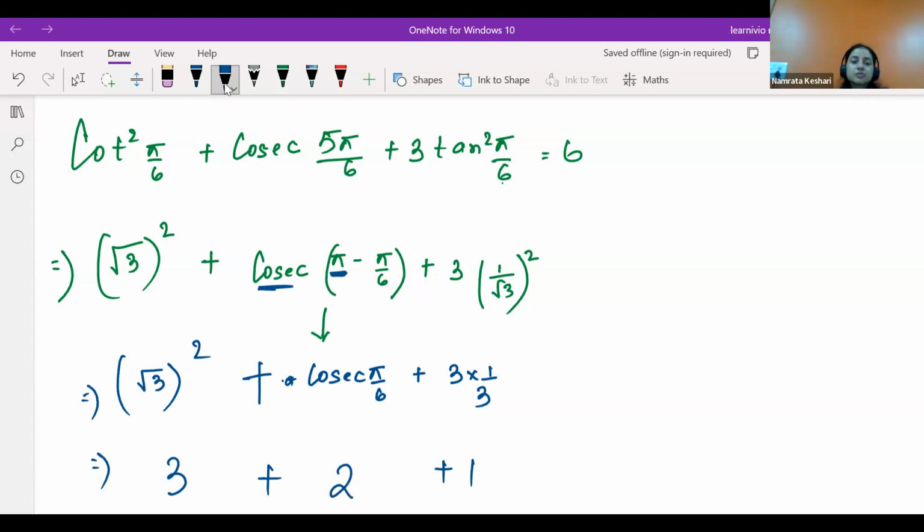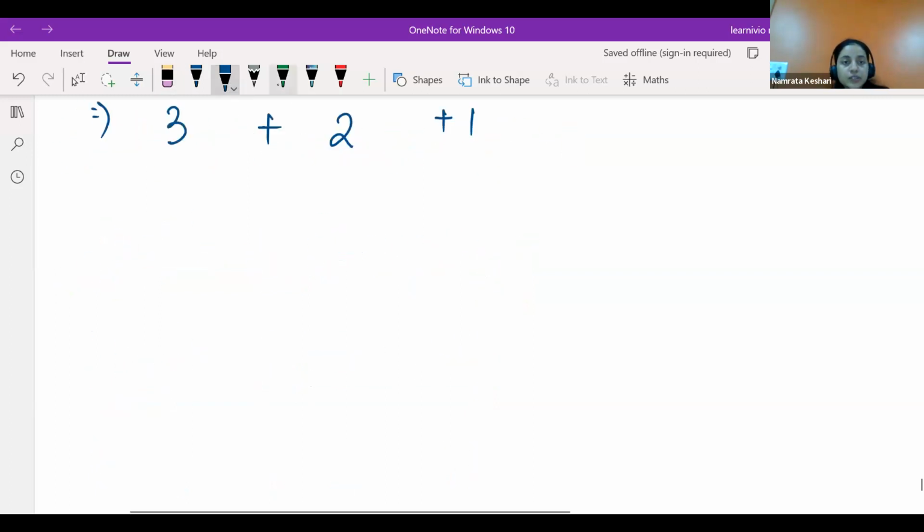No, minus, from where the minus sign? It was not minus, it was plus, because pi minus is the second quadrant, and in the second quadrant cosec is positive, right? Yes, ma'am. What is the answer? 6. Okay, right hand side we are already getting. Is it getting clear, Ali and Alina? Yes, ma'am.